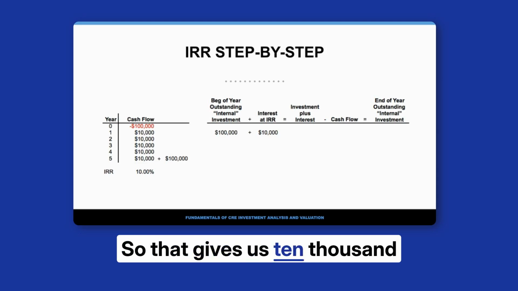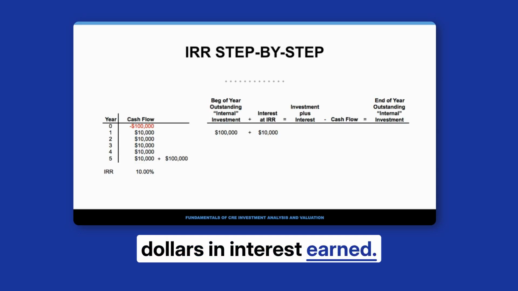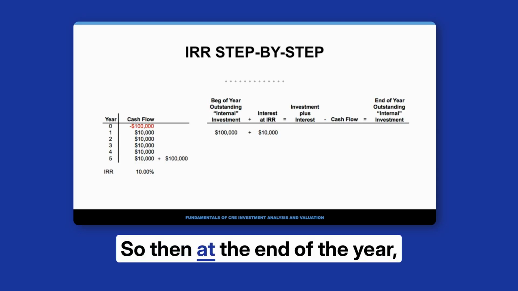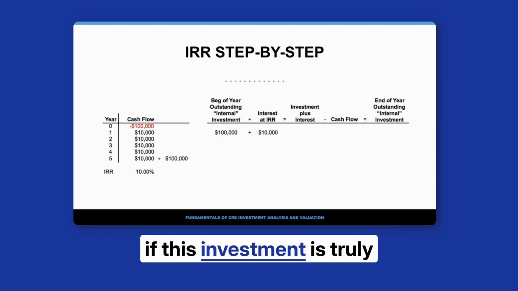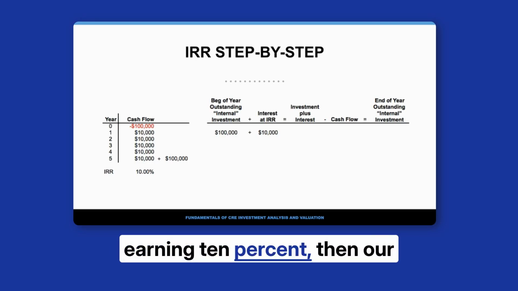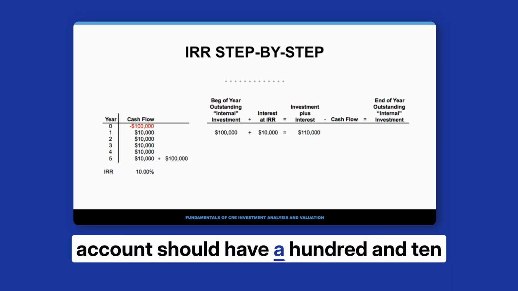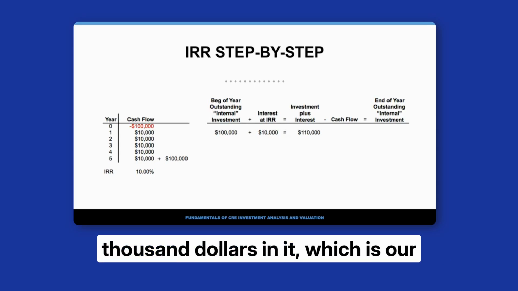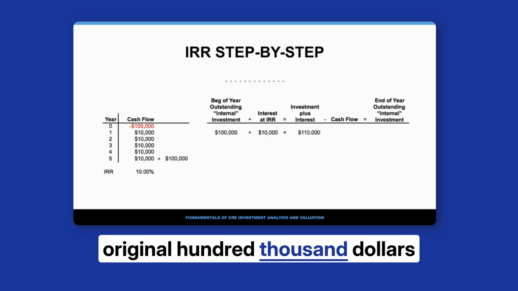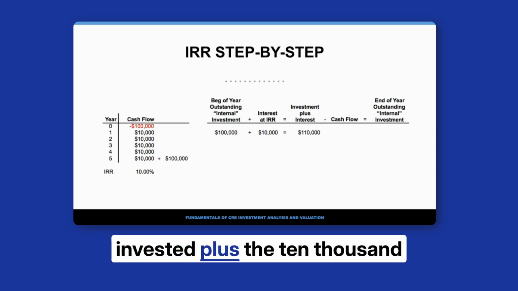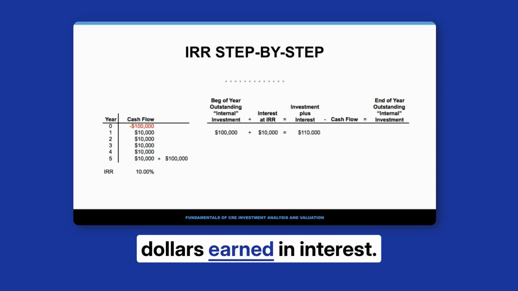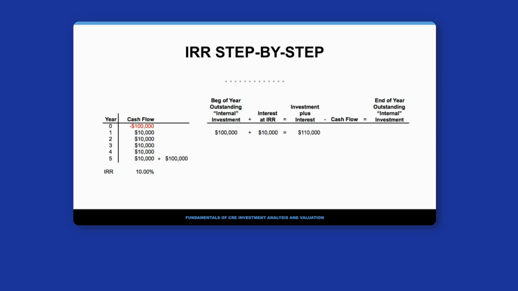That gives us $10,000 in interest earned. So at the end of the year, if this investment is truly earning 10%, then our account should have $110,000 in it, which is our original $100,000 invested plus the $10,000 earned in interest.